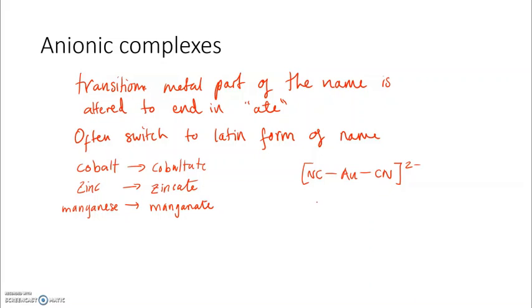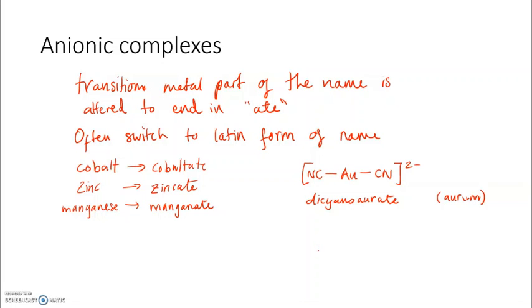So let's put together the name for this complex. We're going to have dicyano, and then instead of doing goldate, we would use aurate from the Latin aurum.